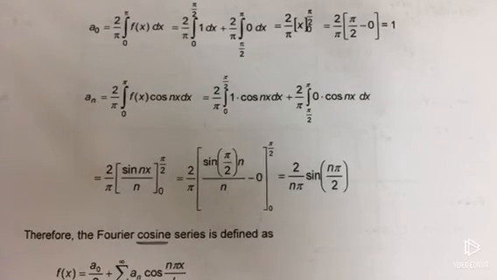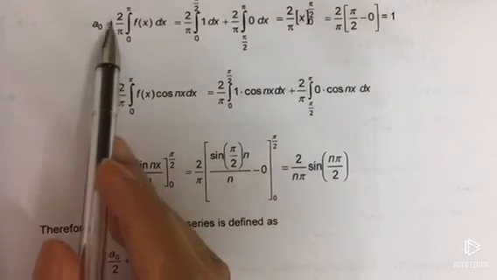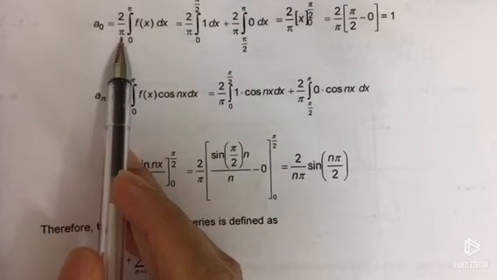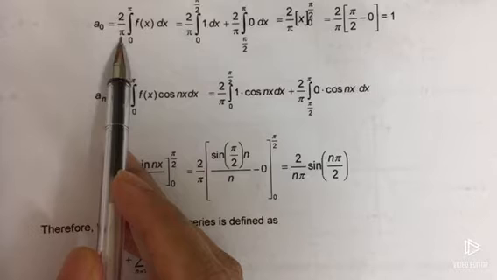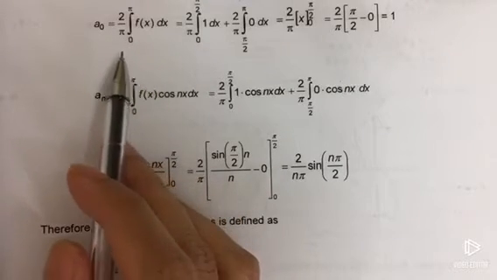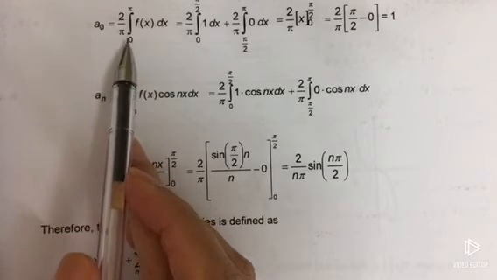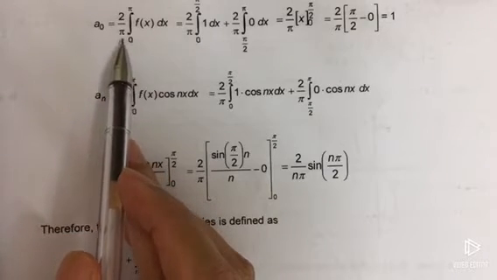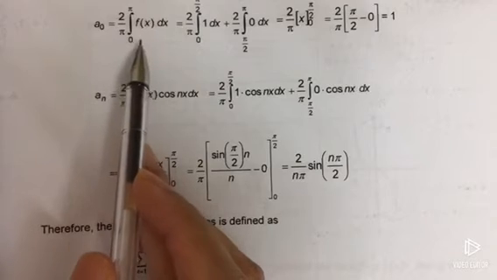To find A naught, we use the formula 2 over L. L we get equal to pi, because pi minus negative pi gives 2 pi, so the period equals 2 pi, and from the period we find L equal to pi.